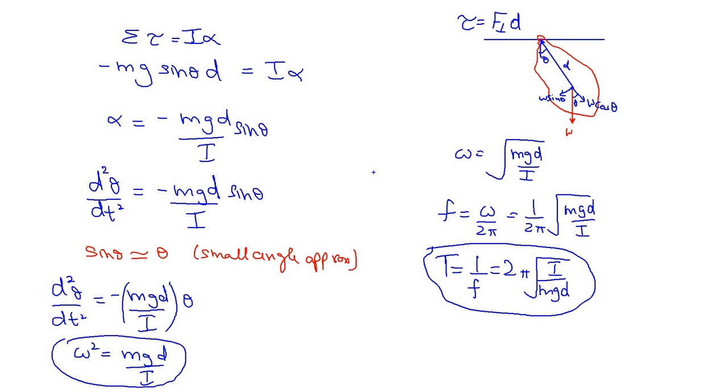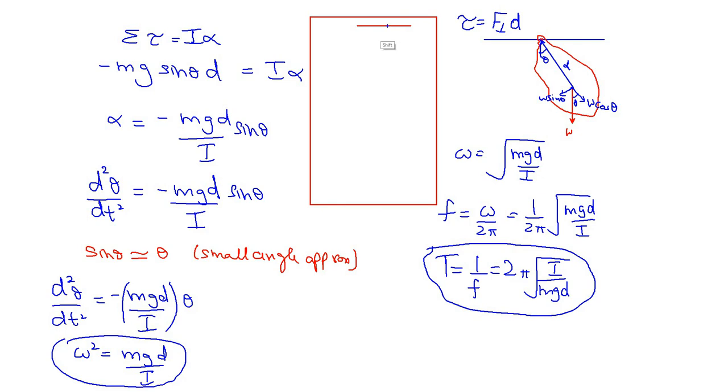So we can use this equation, for example, to get the time period of a rod hanging from one of its ends. Let's say this is a rod, like a ruler or something.